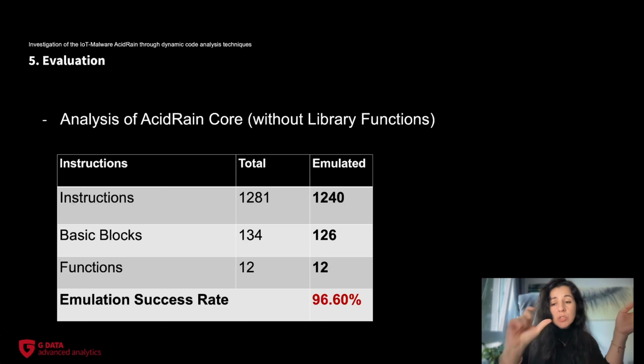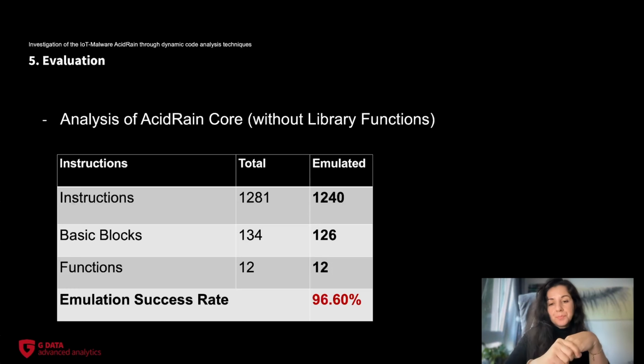But if we look at just the core of AcidRain without the library functions, we see that AcidRain is a really small IoT malware. It has 12 functions, and 96.60 percent were emulated. And this is really pretty good.